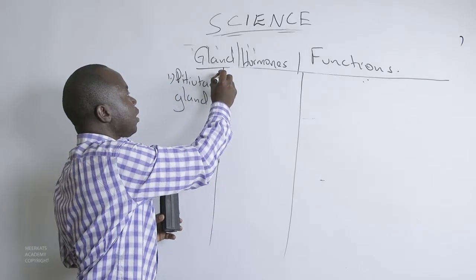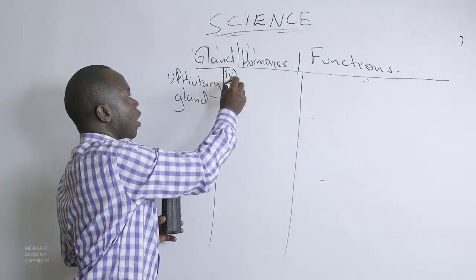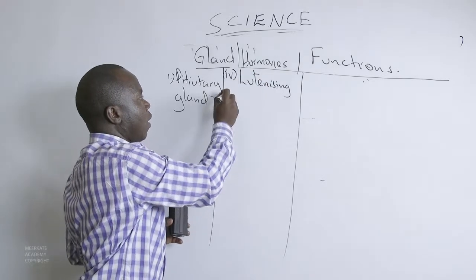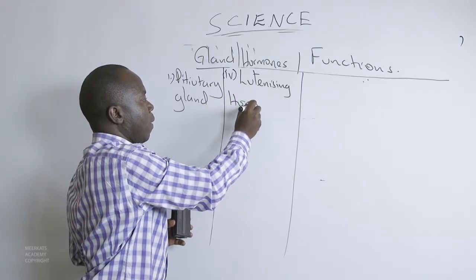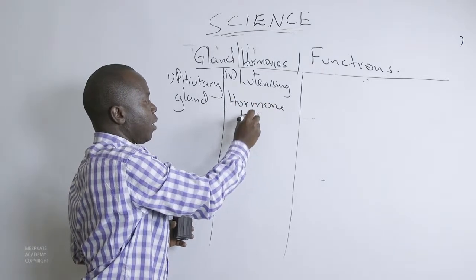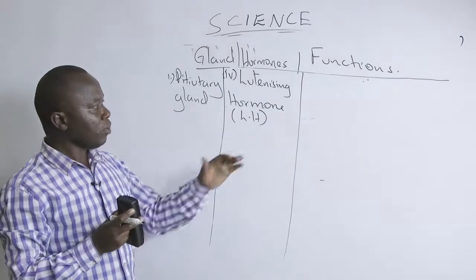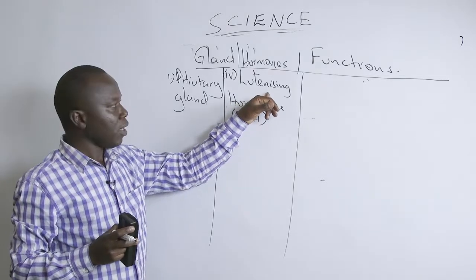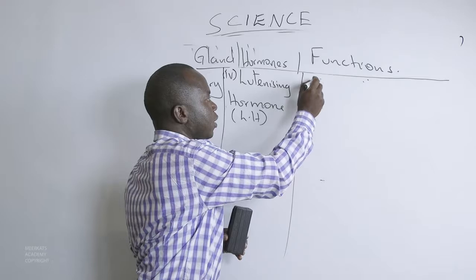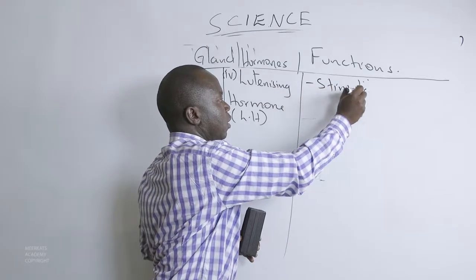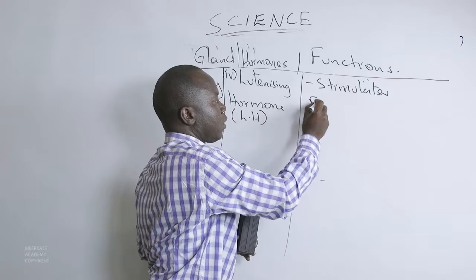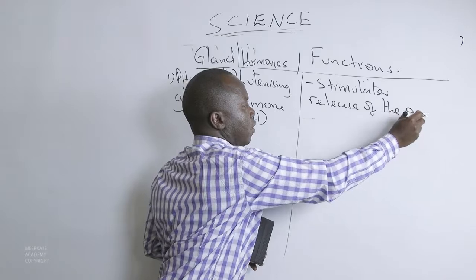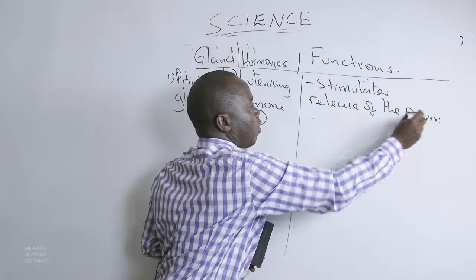Another hormone is luteinizing hormone, abbreviated LH. Again, this one is for release of the ova, if it is one ovum.